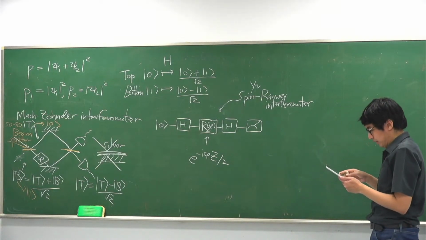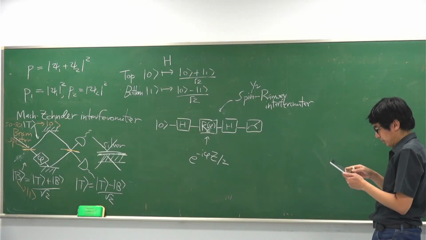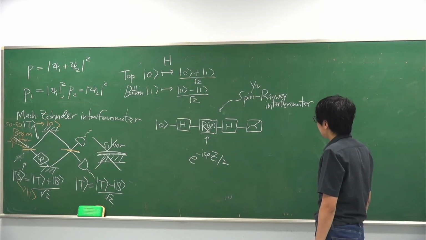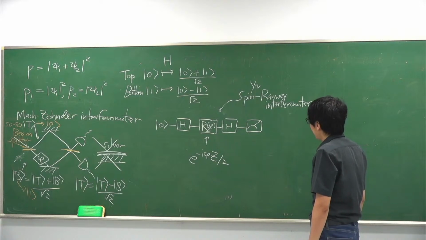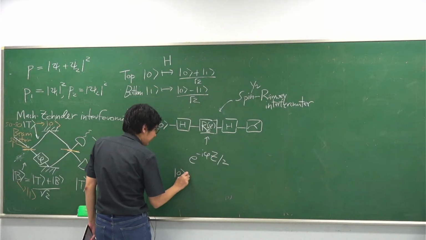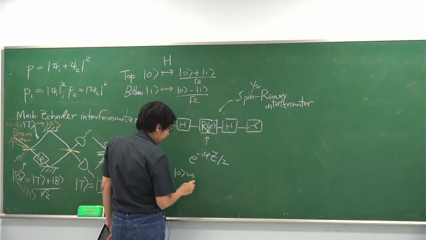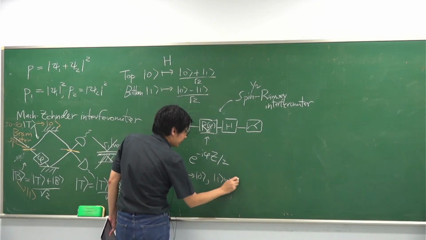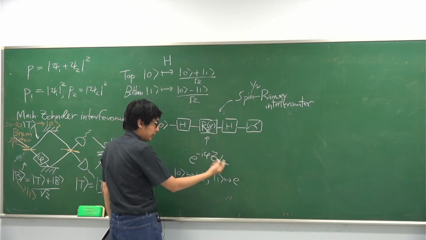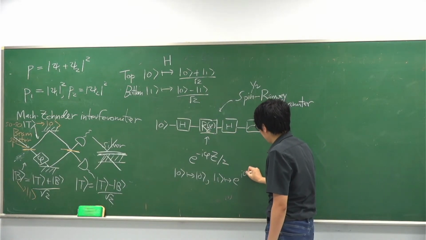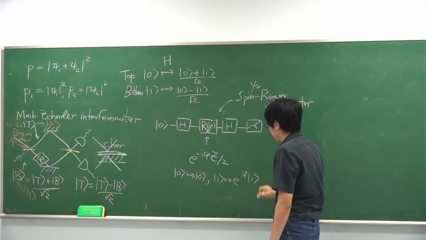So I have a choice for this rotation, I can use two conventions. The usual convention is consistent with the meaning of rotation with the phase phi here. This gives a relative phase of phi to the state 1.